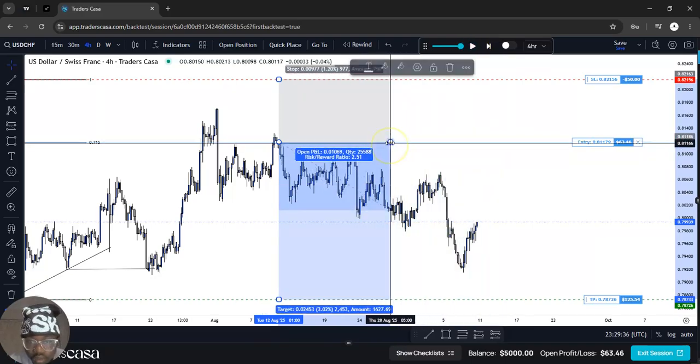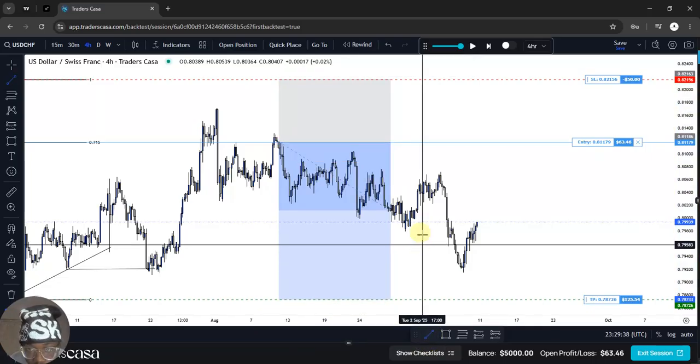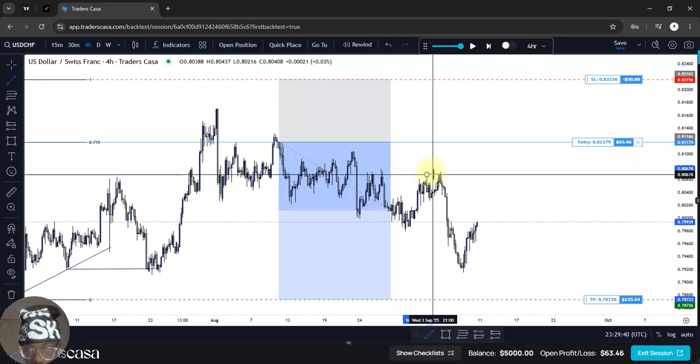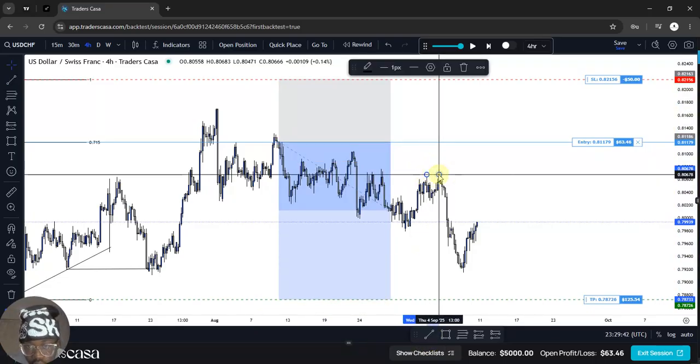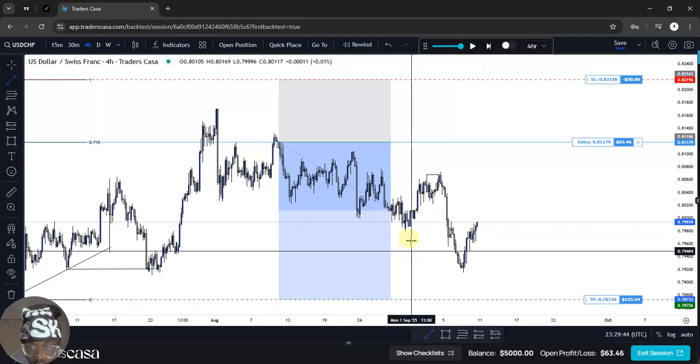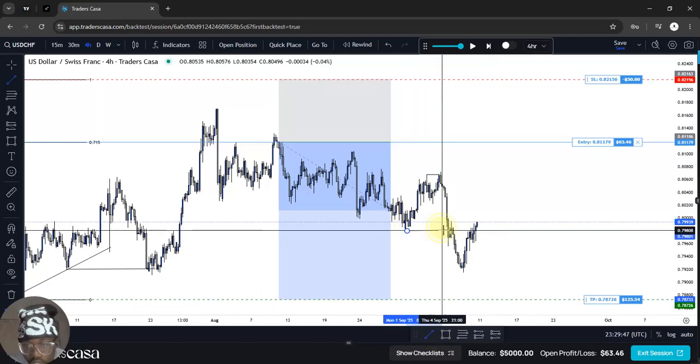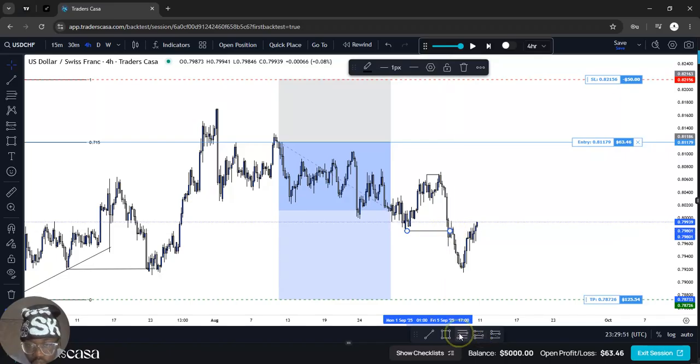And I believe I'm gonna be taking a scale in here, because we did take out liquidity here, right? Then we had a break of structure and there's fat imbalance inside there. So I believe it's a good time to take a scale in as well.